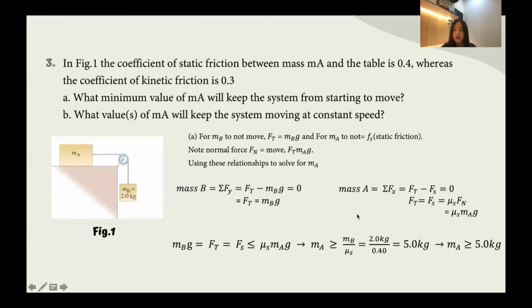Next, we input the value of mass B and the coefficient of static friction, which are 2 kg divided by 0.4. We get that the minimum value of mass A for the box to not start moving is 5 kg.